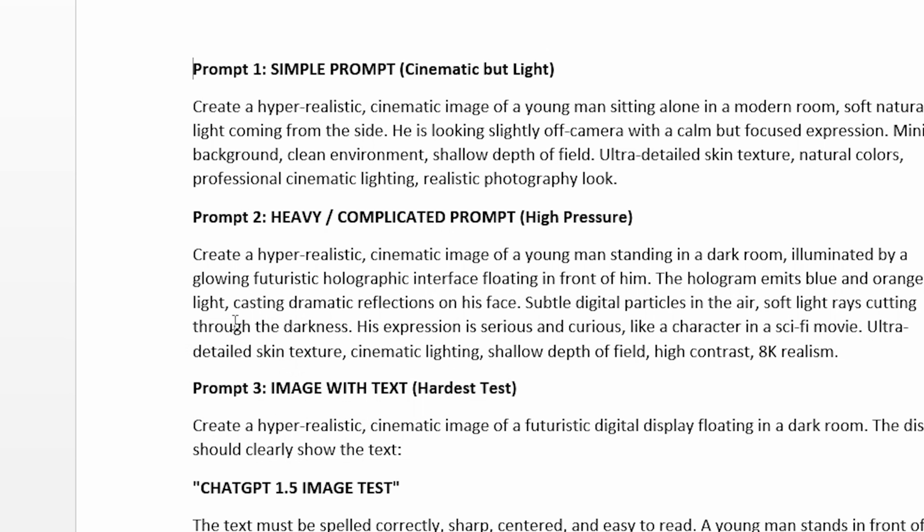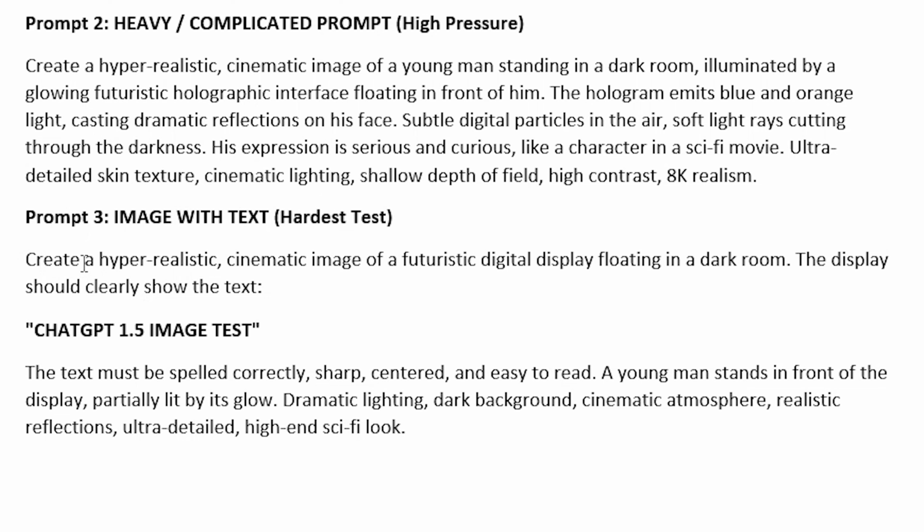Without wasting time, let's try the last one, which is the most important: image with text. Create a hyper realistic cinematic image of a futuristic digital display floating in a dark room. The display should clearly show the text "ChatGPT 1.5". The text must be spelled correctly, sharp, centered, and easy to read. A young man stands in front of the display, partially lit by its glow.